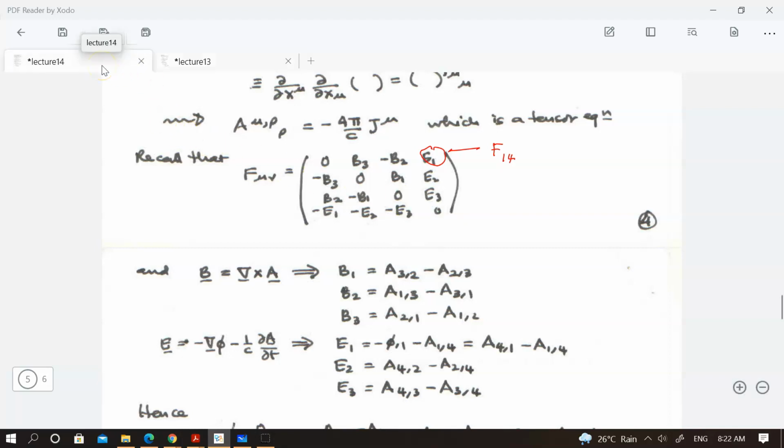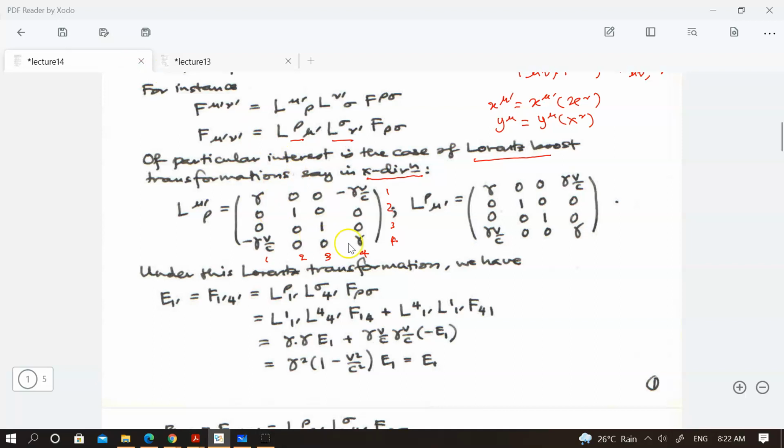So let me go back to the previous lecture, lecture 14. What we want is to look at, say, F14, and how it transforms. F14 corresponds to the first component of the electric field.